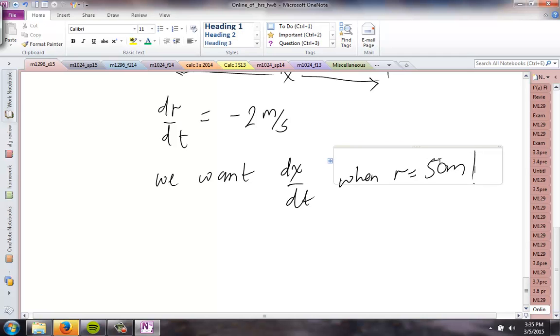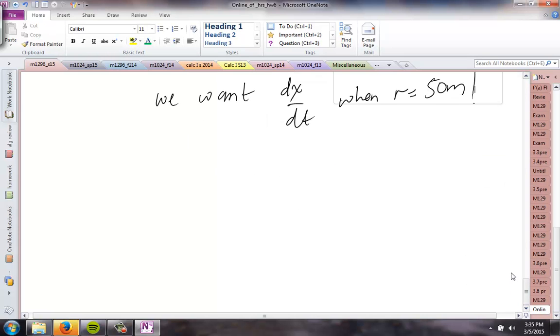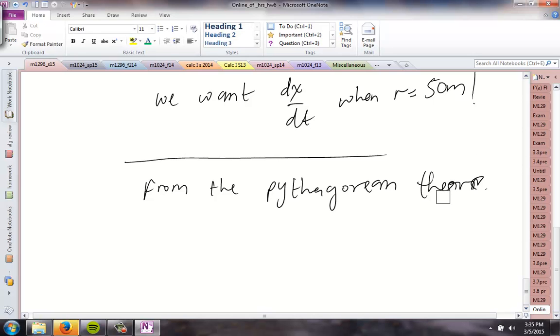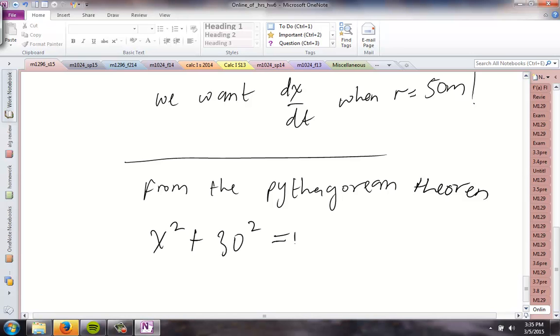Alright, so to get our equation, we use the Pythagorean theorem. It's because we have a right triangle, right? So you get that x squared plus 30 squared is equal to r squared.